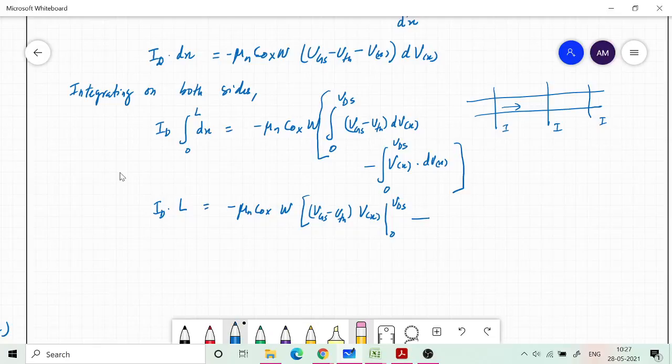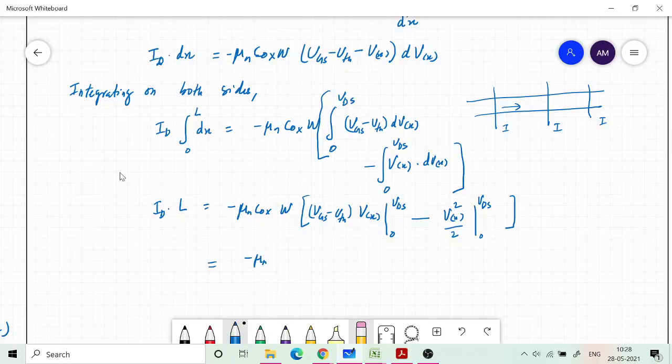Then minus, here I will get the integral of V of x dV of x, which is V of x square by 2. Again the limits are from 0 to VDS.